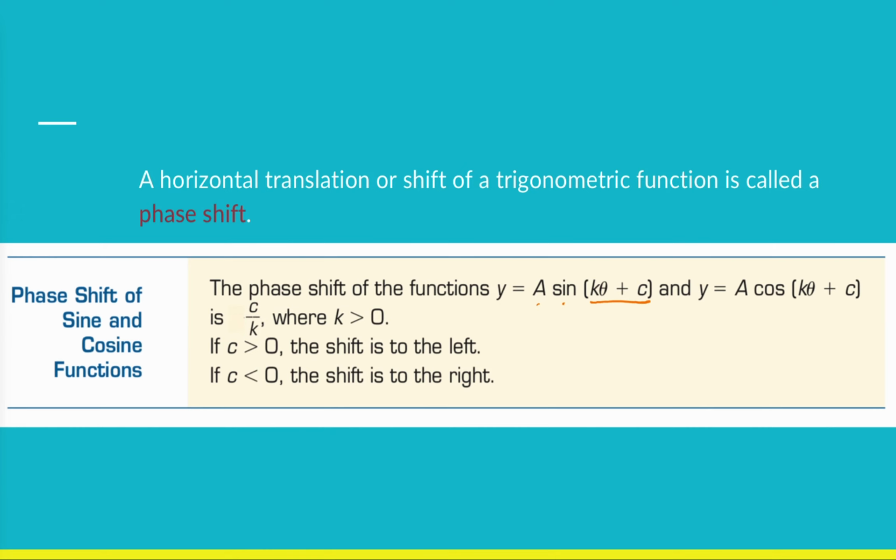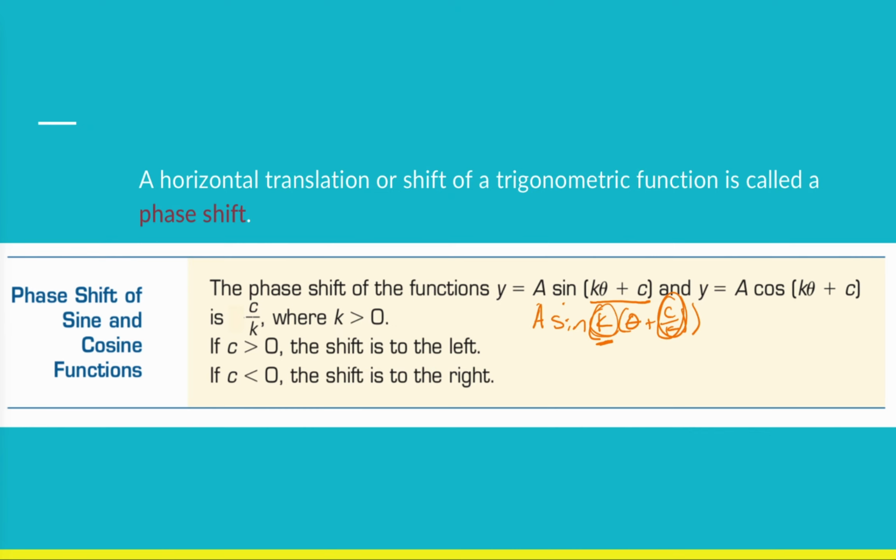So another way to write the function would be a sine k times theta plus c over k. If you factor out the k and write your function like this, this is the k that you use to find the period, and then this is your phase shift.